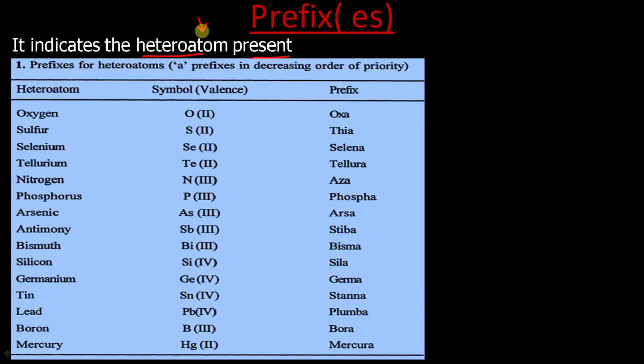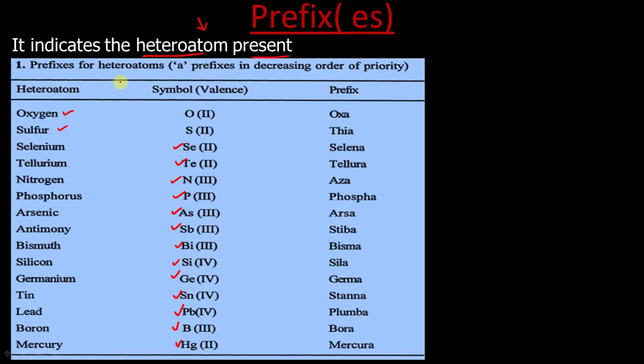These are some of the heteroatoms that can be present in the ring: oxygen, sulfur, selenium, tellurium, nitrogen, phosphorus, arsenic, antimony, bismuth, silicon, germanium, tin, lead, boron and mercury. All these elements or atoms can be present in the ring with carbon.